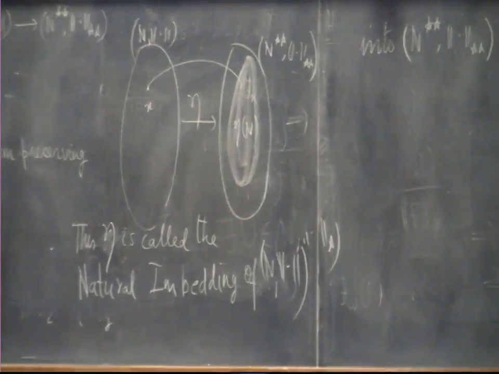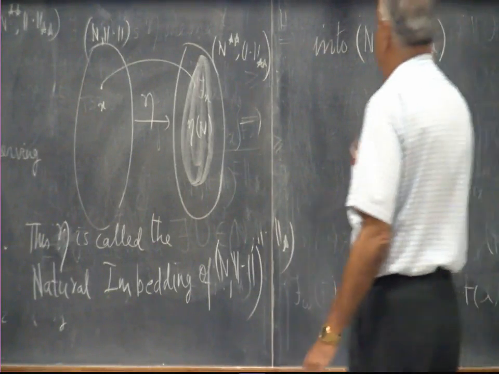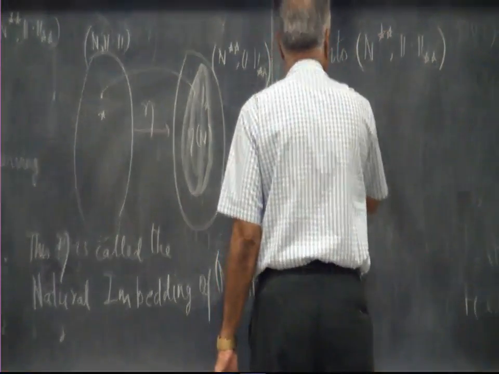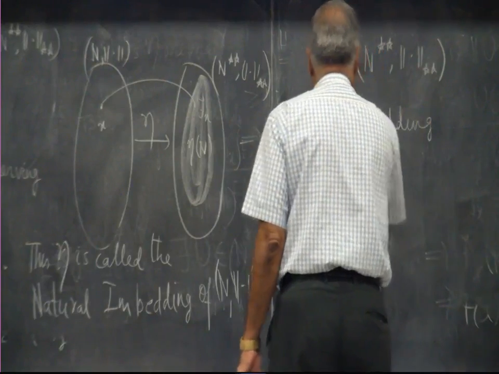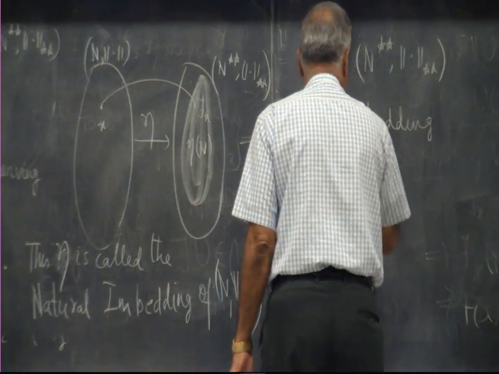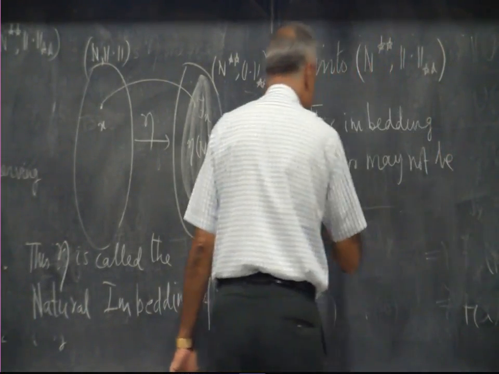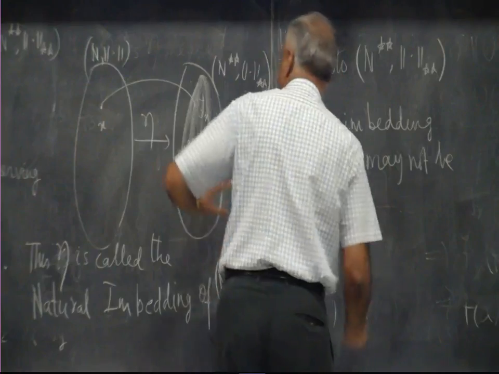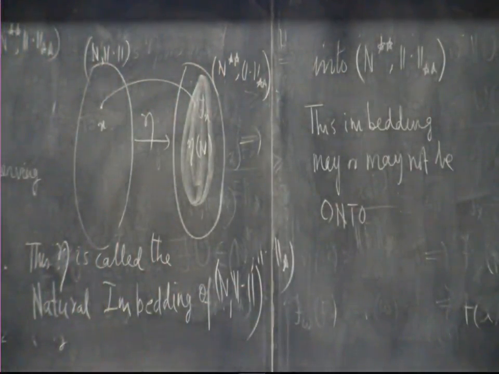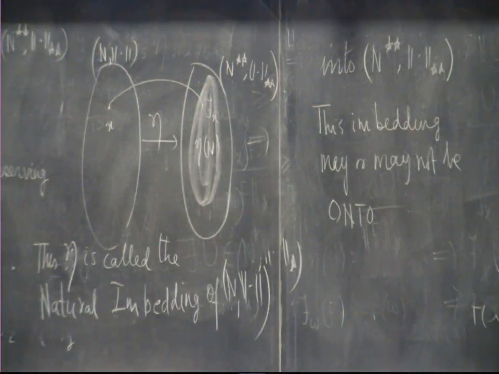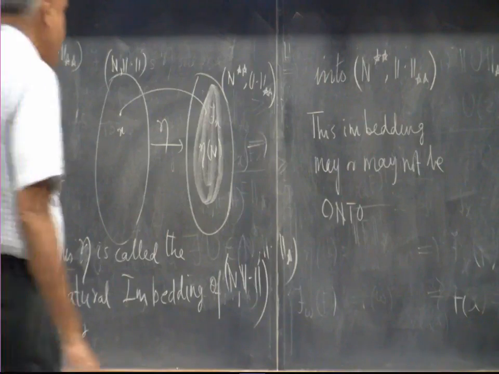Okay, this is the famous fundamental natural embedding. This embedding may or may not be onto. That is, whether the shadow covers the whole of N double star, we do not know. Okay. In fact, in general it may not be. For some it is true, for some it is not true. We will look at some examples later.